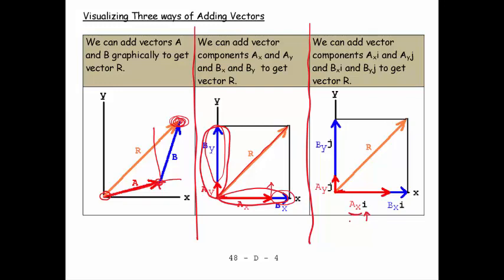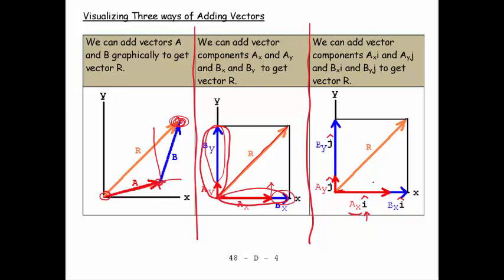The i vector symbolizes, represents 1 unit's length in the x direction. The j vector is a unit vector. It symbolizes 1 unit step in the y direction.